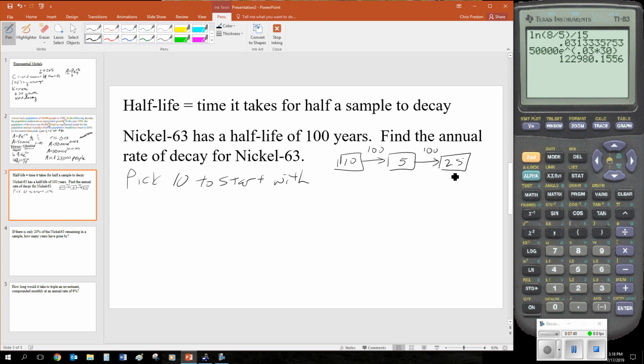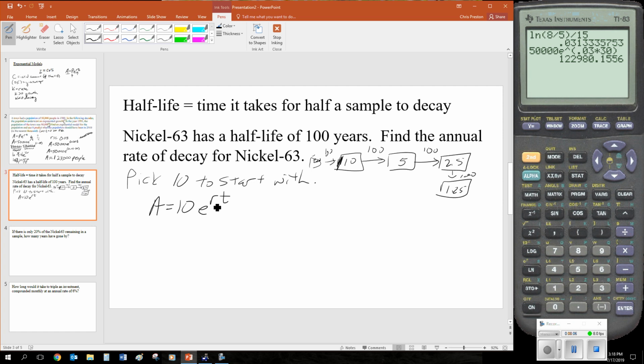And after another 100 years, I'm going to be at 1.25. What's happening is every 100 years it gets cut in half again. So it really doesn't matter how much I start with. You could say maybe I started with 20, and 100 years went by, and now I'm at 10. So just pick a number to start with.